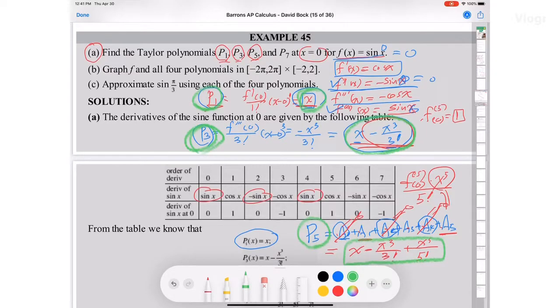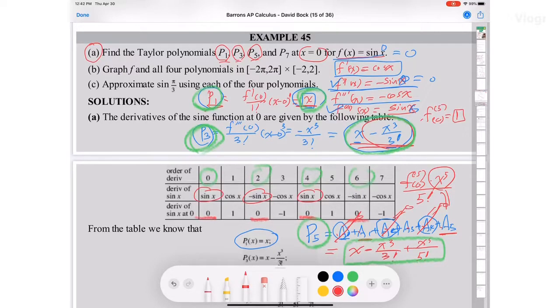Because the even order terms are always 0, since sine 0 is 0, you don't have to find them. So the order 1 term is x, the order 3 term is negative x cubed over 3 factorial, and the order 5 term is x to the 5th over 5 factorial. That's why this is P5.